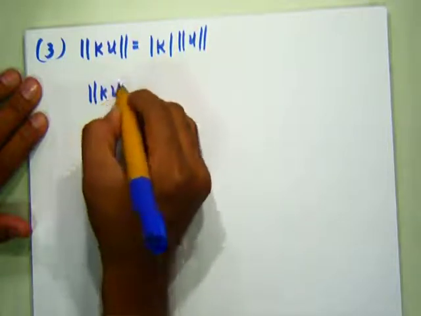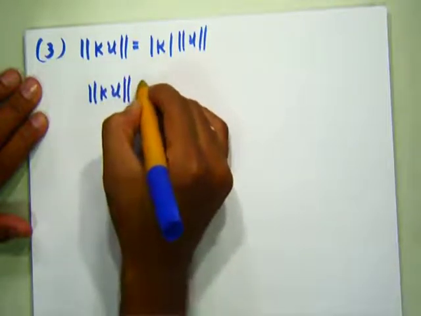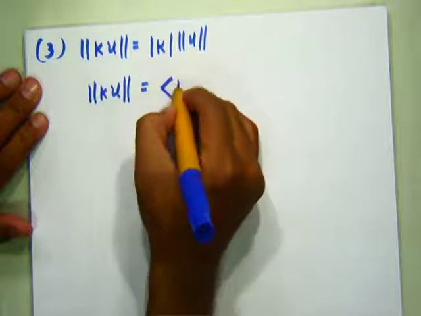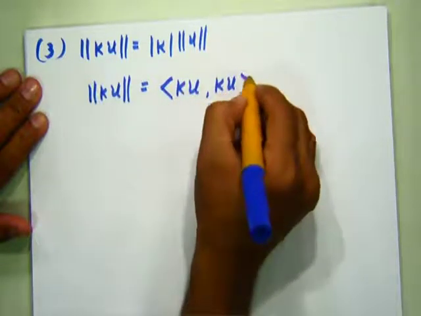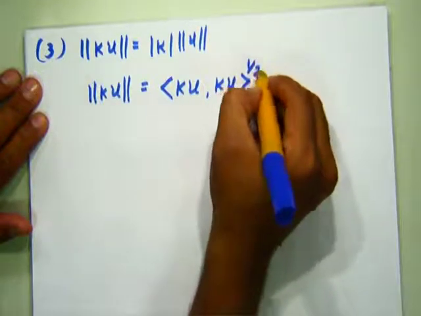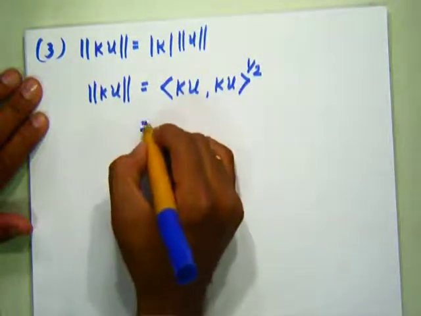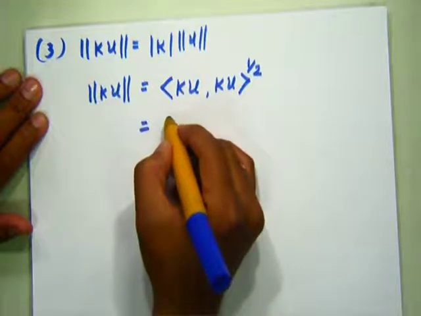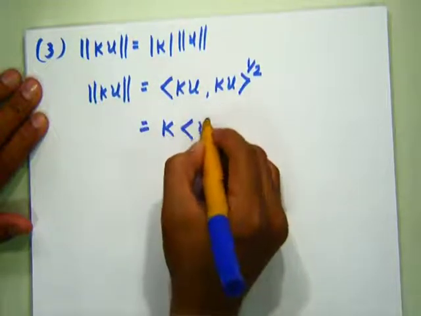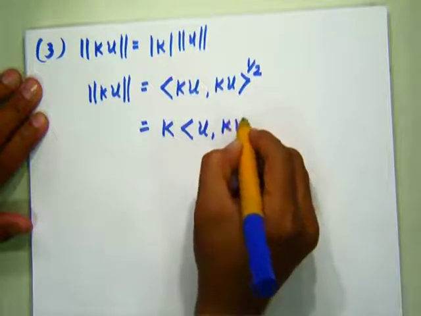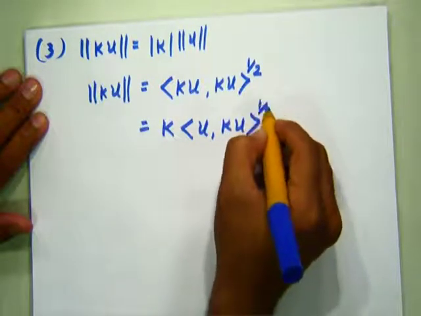It is the norm of KU, which is the inner product of KU with KU raised to half. Using the property of inner product, this K comes outside first of all, so it is K times the inner product of U with KU raised to half.